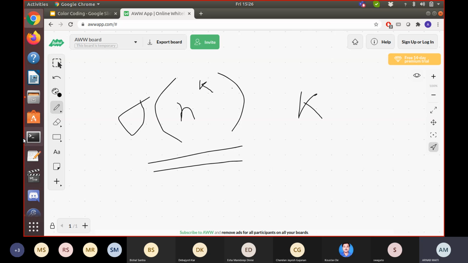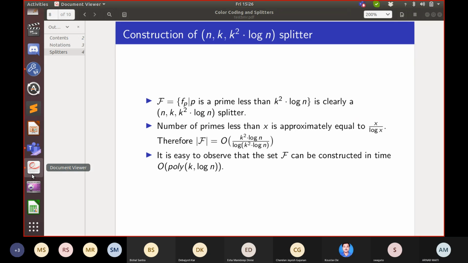So it's a huge, drastic difference actually. And obviously you can see it can be constructed in polynomial time. Just identify which are prime numbers less than k square log n, and just create these functions. So this is a very nice construction of this splitter.